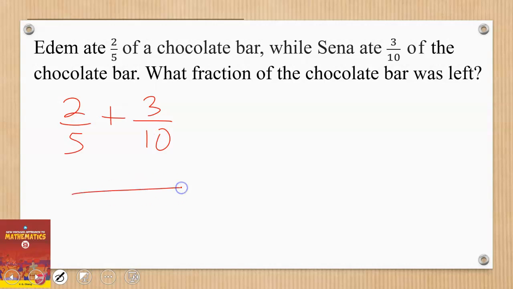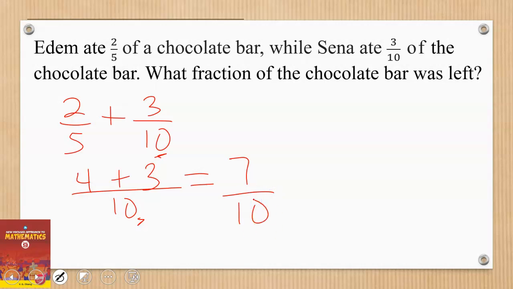Now again, we find the LCM and that is 10. 5 can divide 10 as 2, times 2 will give us 4. Then 10 can divide 10 as 1, times 3 will give us 3. When we put this together, we have 7 out of 10.